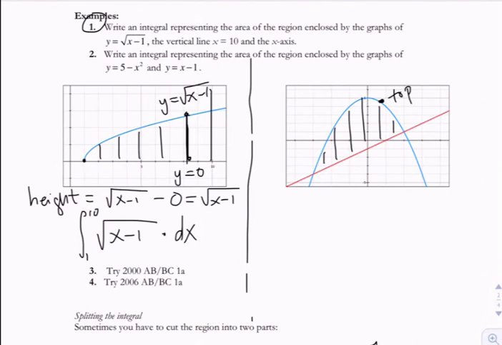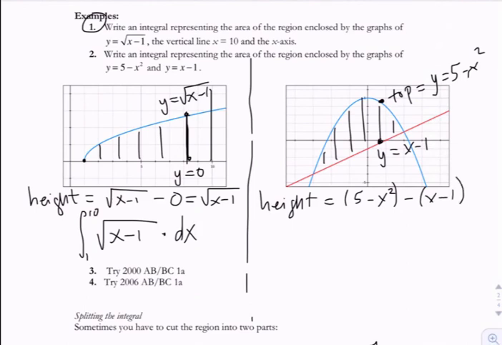In our second example, as promised, we'll have vertical rectangles again, vertical slices we call them. The top is y equals 5 minus x squared. The bottom of each rectangle is on the red line, and that's going to be y equals x minus 1. So in this case, your height is top minus bottom, 5 minus x squared minus x minus 1.